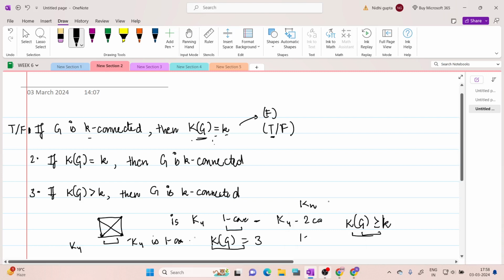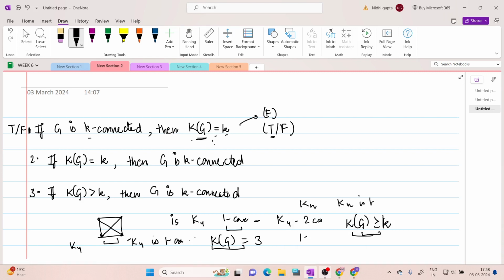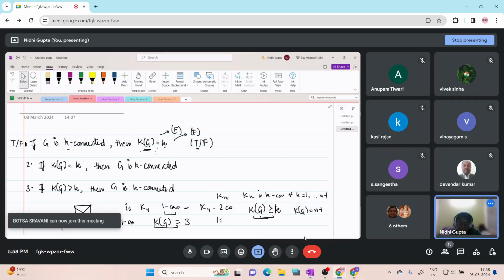For Kn, we know Kn is K connected for K equal to 1 till n minus 1. But vertex connectivity is n minus 1. So the first statement is false. Does everyone understand why the first statement is false? Yes. What about the second statement? The second statement is saying that if vertex connectivity is K, then G is K connected. True or false?